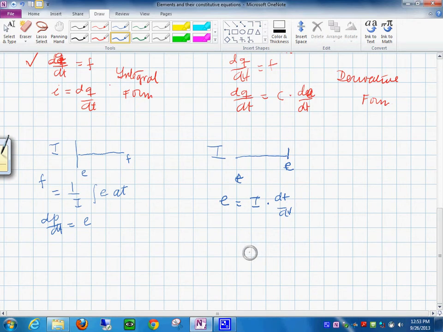We also know that dp dt is equal to E, so dp dt is equal to I times df dt.